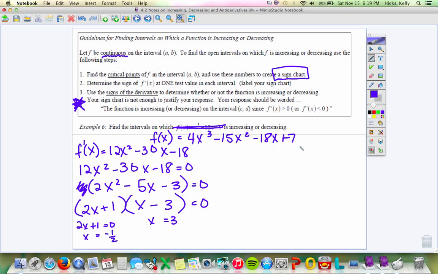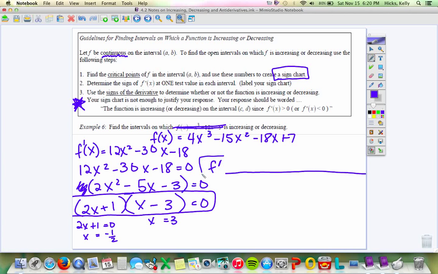All right, so one way to do a sign chart is to use these factors right here, the 2x plus 1 and the x minus 3. So you draw a sign chart and you label it. This is the derivative. We are going to plug values into the derivative equation, so you need to make sure that you label it with the f prime.